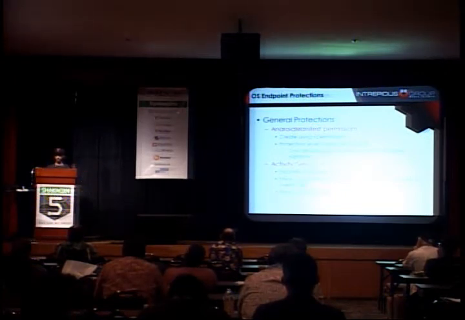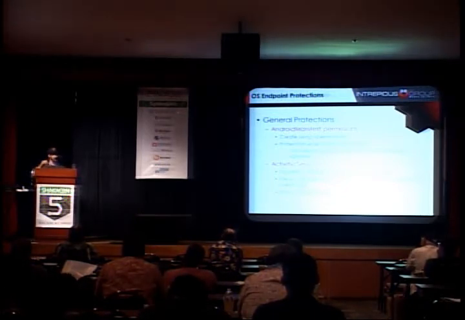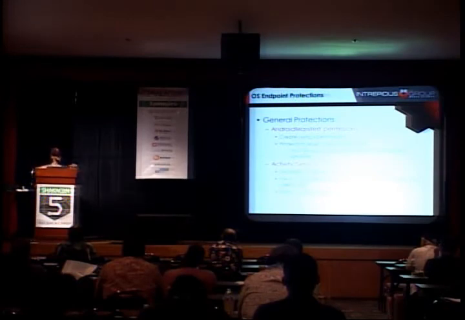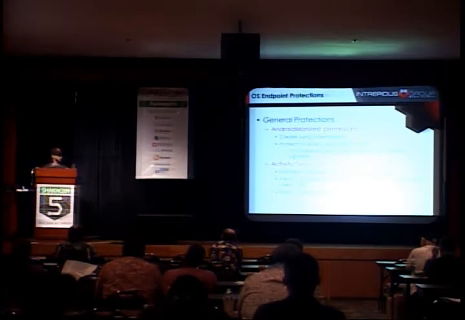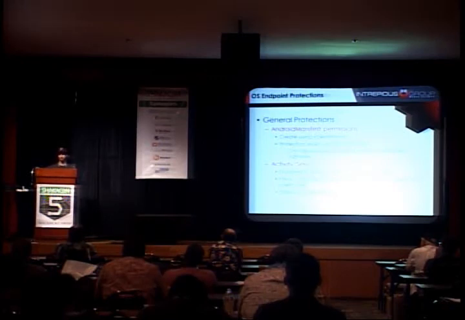Pre 4.2, this was a big issue because if you have an activity with an intent filter, under it, it's automatically exported. Everything's exported false by default. If you have an intent filter, it gets exported. So I think people didn't totally realize that. So post 4.2, it's always false unless you explicitly say exported equals true.